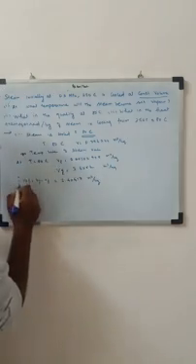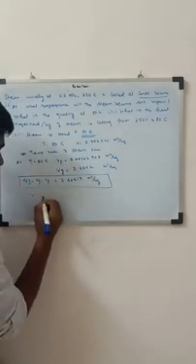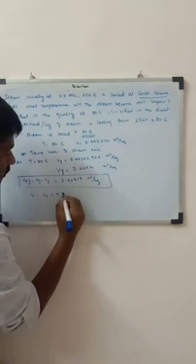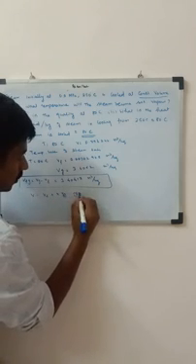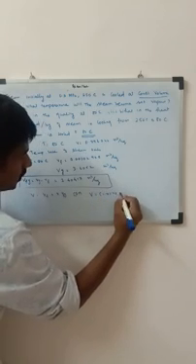So I know what my Vfg is. We all know that the total volume V is equal to Vf plus x into Vfg, or you can write total volume is equal to 1 minus x into Vf plus x into Vg.